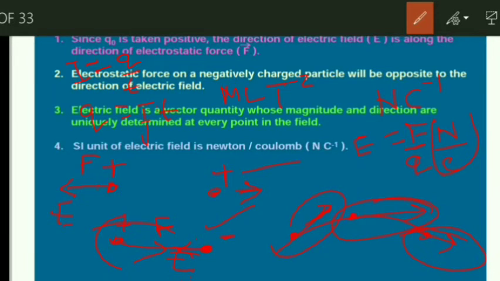Since current is fundamental quantity and has SI unit ampere, and time has unit second in SI system, so in dimension formula we can write this as A T. Using here A T, then this will cancel out, and dimension formula of electric field, we are left with M L T minus 3 A minus 1.